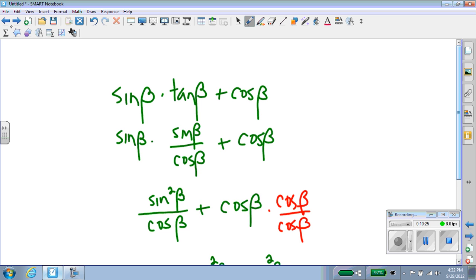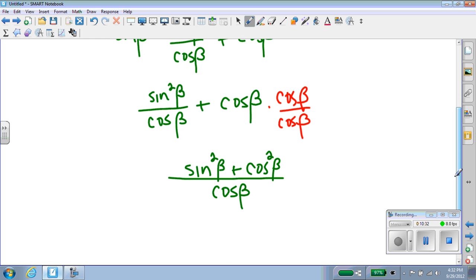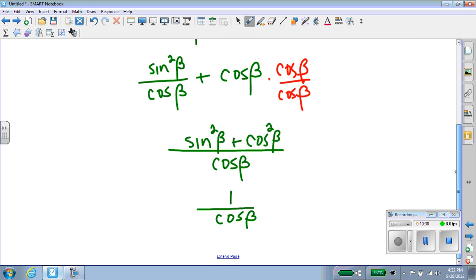Sine squared beta plus cosine squared beta, 1 over cosine beta. And wow, that looks better, but let's go for best. 1 over cosine beta would be secant beta. And that's where I would stop. Okay, now you're ready.